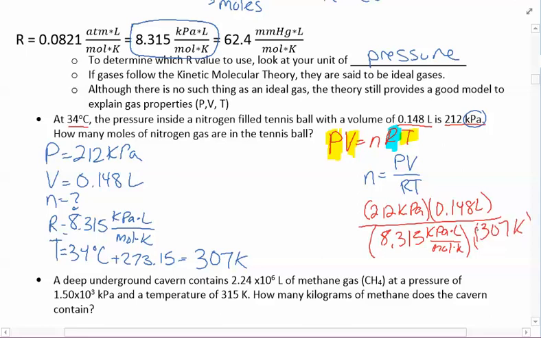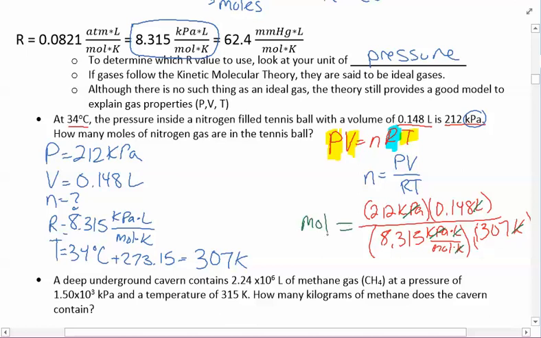So notice with our constant, the units are all canceling. Kilopascals cancels, liters cancels, Kelvin cancels. We'll be left with mole. Now, because we're dividing by a fraction, your unit is going to end up being mole, which makes sense.